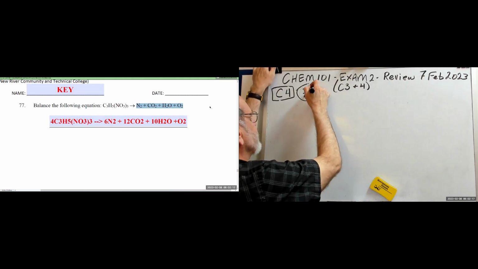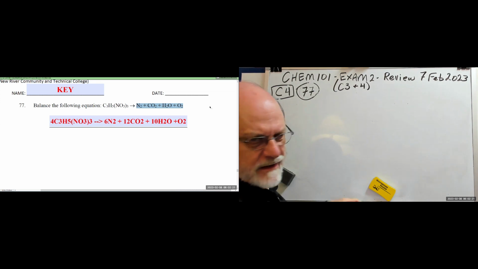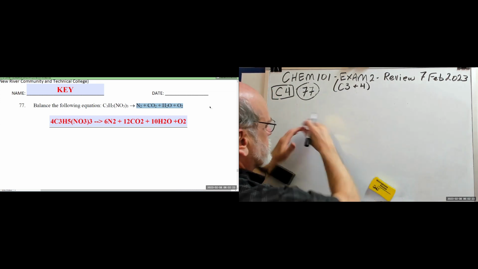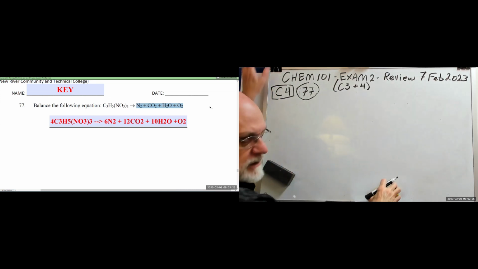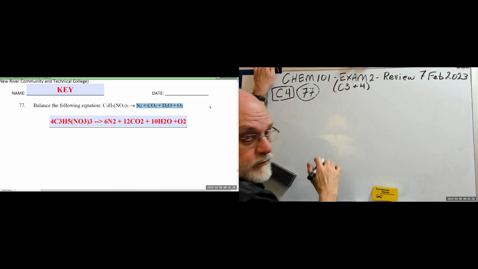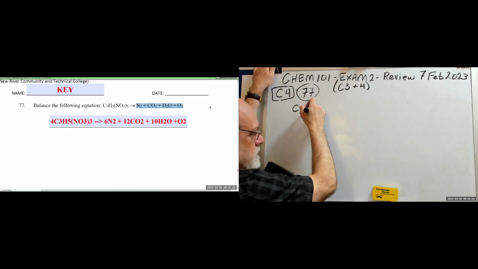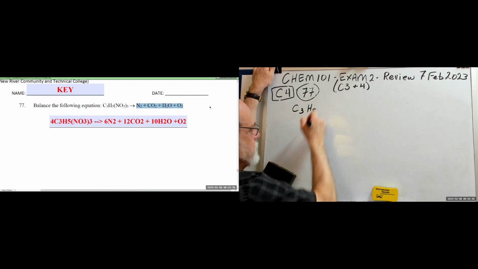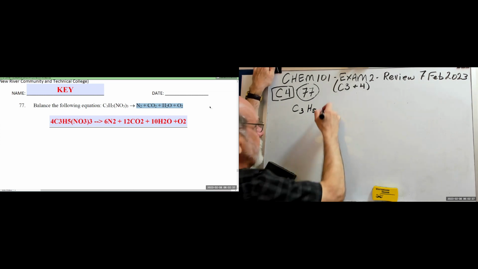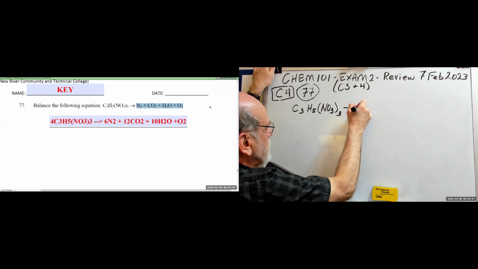All right. Let's see if I can get enough room out of this thing. I'm going to have to spread it. Nitroglycerin, C3H5NO3. C3H5, yep, NO3 taken 3 times.